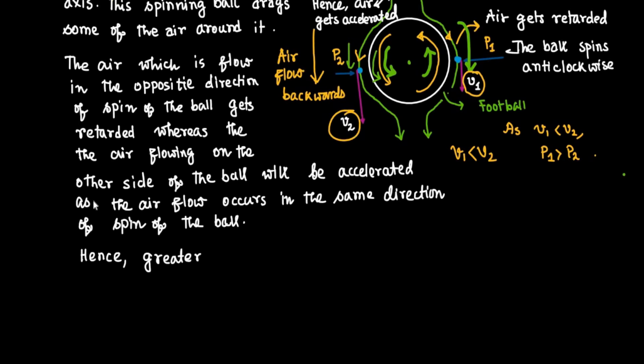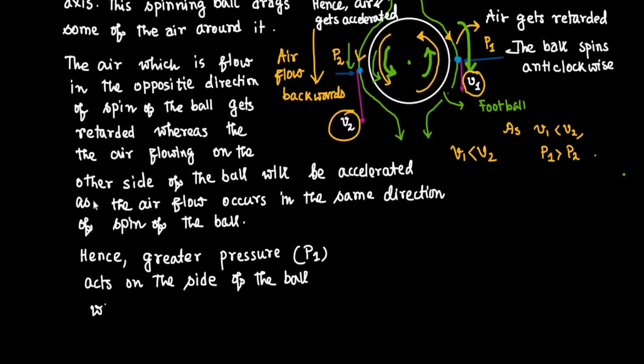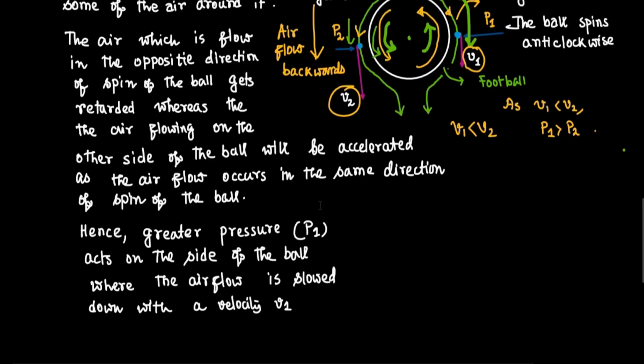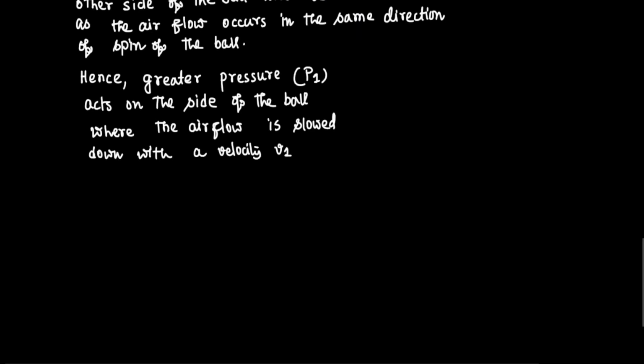Hence, greater pressure acts on the right side of the ball, that means greater pressure P1 acts on the side of the ball where the airflow is slowed down, as air is flowing in the opposite direction of spin of the body with a velocity V1. Greater pressure P1 acts on the side of the ball where the airflow is slowed down with a velocity V1.